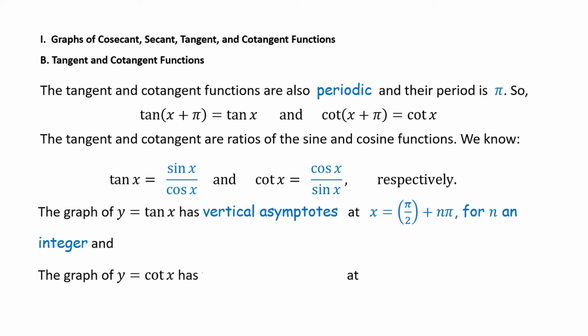Let's observe, the graph of y equals tan x has vertical asymptotes where the cosine function equals 0. Let's continue. The graph of y equals cotan x has vertical asymptotes at x equals n pi for n an integer. And let's note that the graph of cotan x has vertical asymptotes where the sine equals 0.